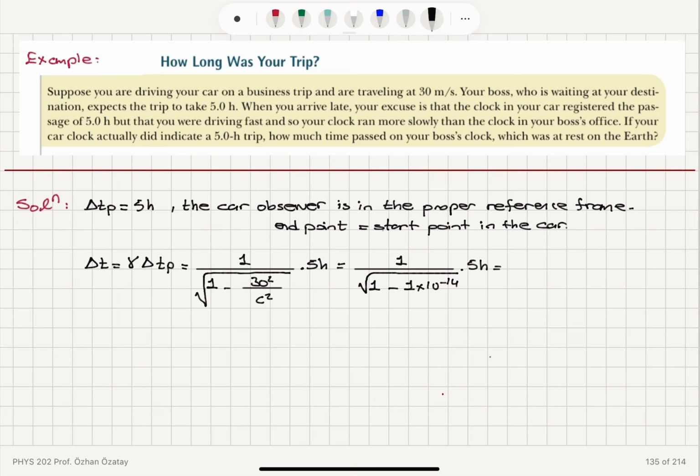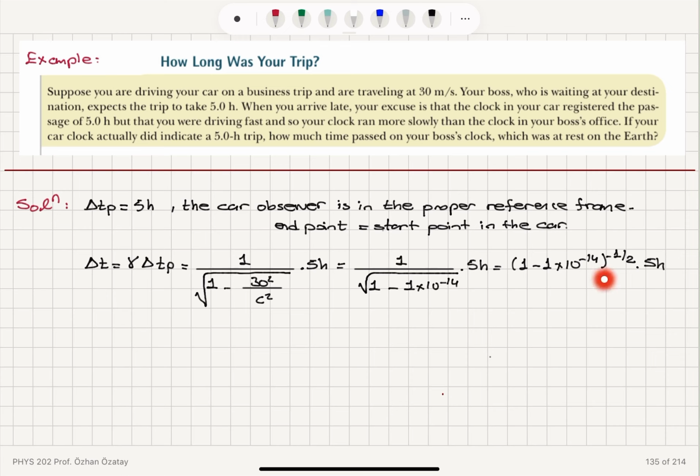Because this is such a small number, 1 minus x to the power minus 1 over 2, where x is much less than 1, is basically 1 minus 1 times 10 to the minus 14 to the power minus 1 over 2, times 5 hours.